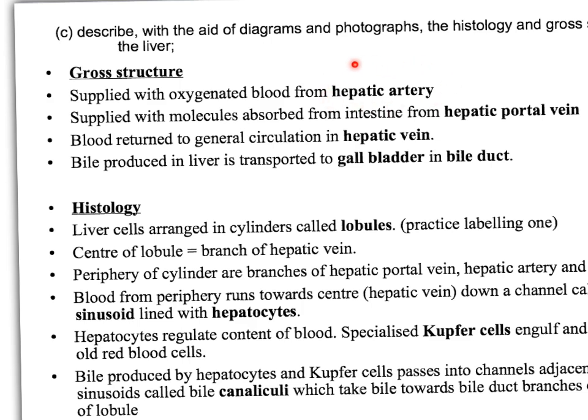Hepatic artery takes oxygenated blood from the general circulation to the liver. Hepatic portal vein, this links the intestines with the liver and brings all the absorbed food materials from the intestines directly to the liver. Hepatic vein, which returns processed blood back into the general circulation, and you should be aware of the bile duct and gallbladder, which are involved with bile and transferring bile to the small intestine.